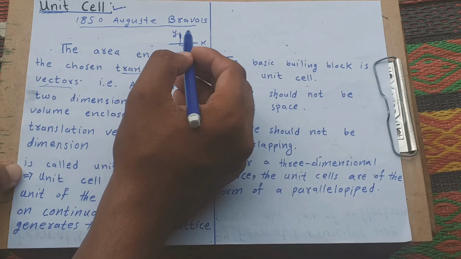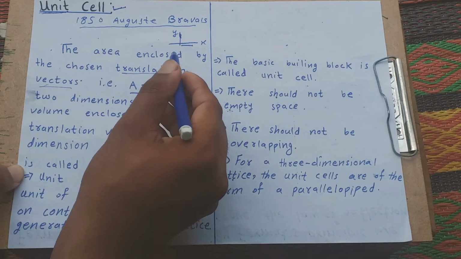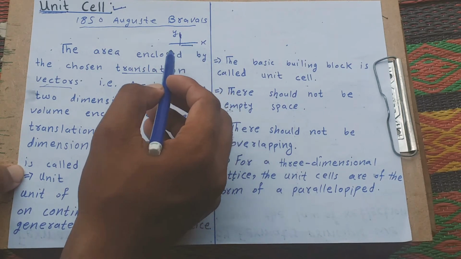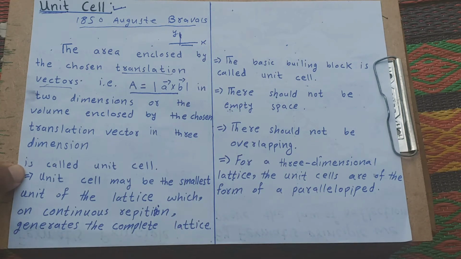This is known as area. It exists in two dimensions, with y and x perpendicular to each other, and is known as area translation.